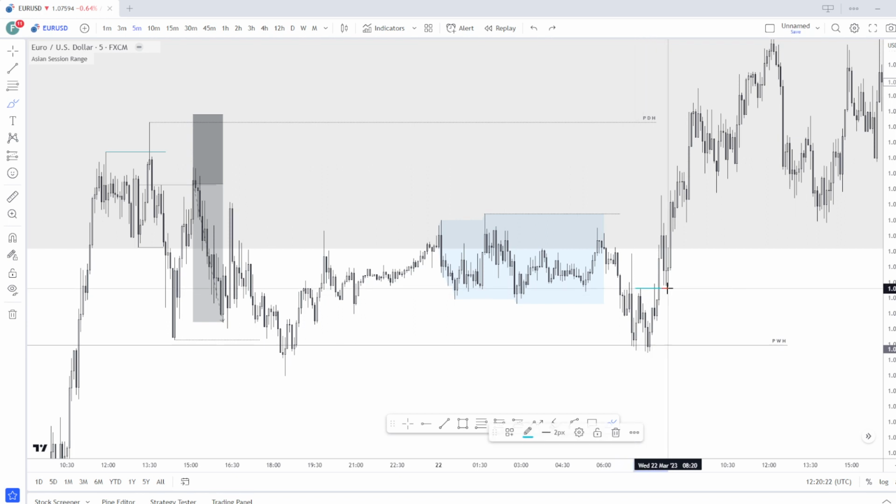This would have been classed as an M5 break in structure, which you could have probably entered off of to get the long. But then you see that we have London manipulation here to the upside. After that, I really wasn't too convinced. We get the wick here. We've now taken out Asia high and Asia low. This low is still weak. I didn't really like this at all.